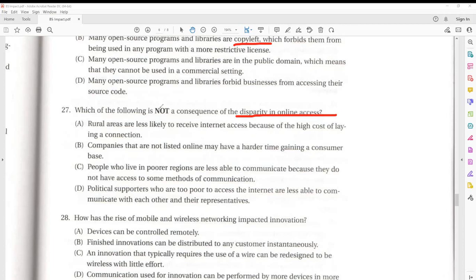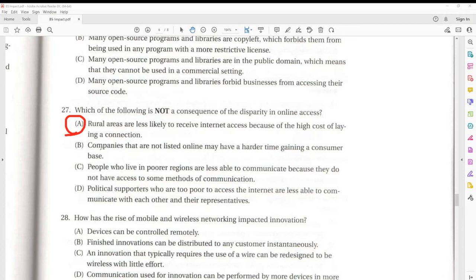It is not a consequence of that. A is the result, or it is the cost. So A is the result.